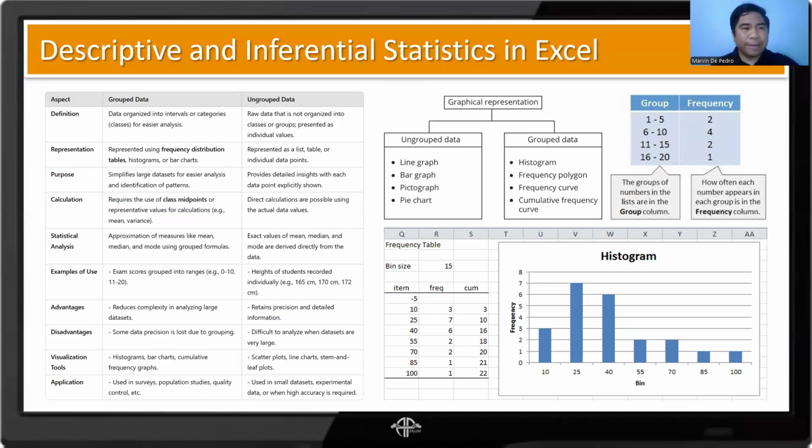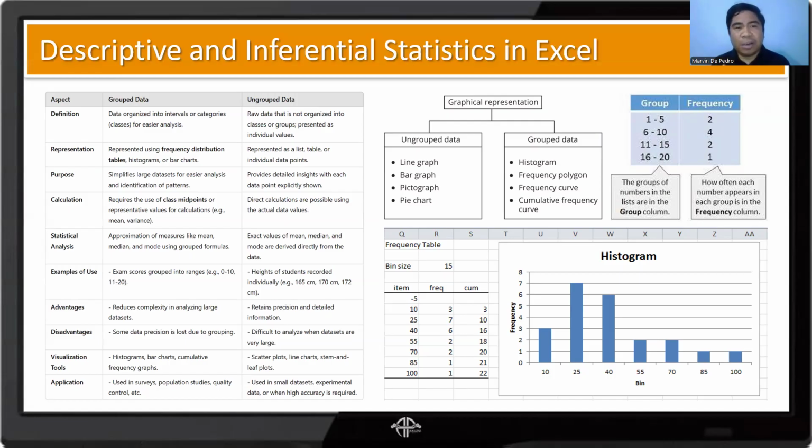Let's focus on the example. A sample use of grouped data is when we have exam scores grouped into ranges. If we list down all the possible scores, it might be too long, especially if we have a range of 100, where the minimum is 0 and the maximum is 100.